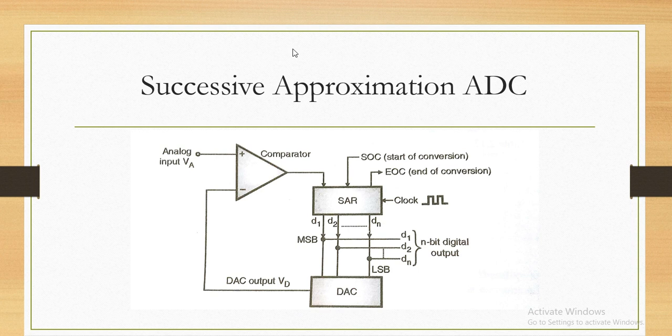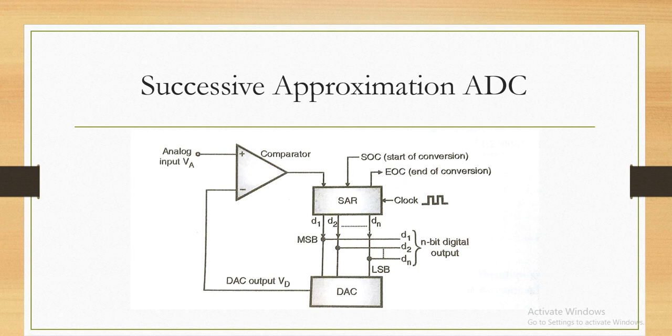If you see the short working of this analog to digital converter, here we have to send the signal, that is SOC. Initially it is not in working phase. Initially it is just connected to your other systems.